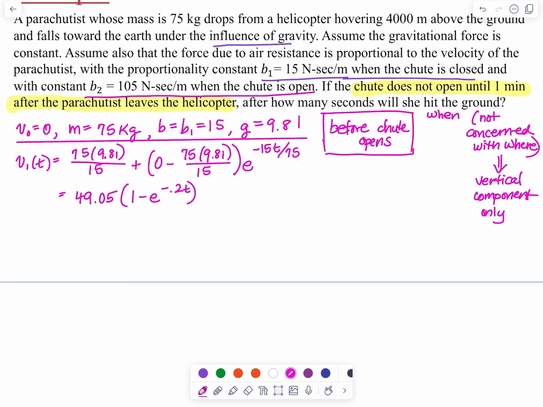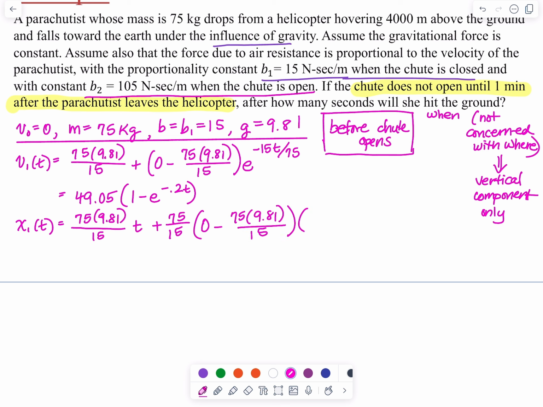Doing the same thing, we'll have the position at any time t before the chute opens, and plugging those values in, we will have 75 multiplied by 9.81 divided by 15 times t, plus 75 divided by 15 multiplied by 0, minus 75 times 9.81 divided by 15 multiplied by 1 minus e to the opposite of 15t over 75.